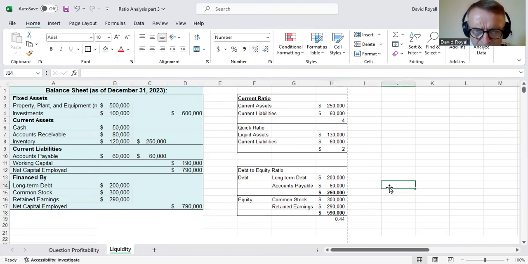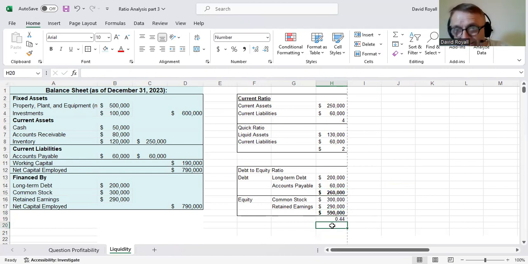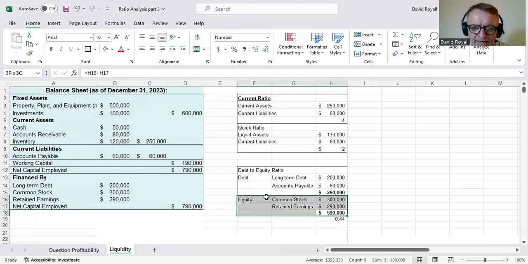So I can see that 0.44 of this, okay, is in the form of debt to equity ratio. The fact that the figure is less than 1 means that we've got a bigger stake as owners of the business than those who have helped finance the business.